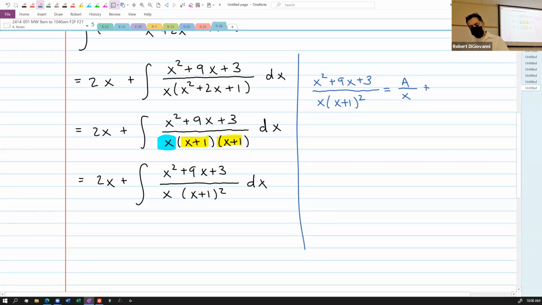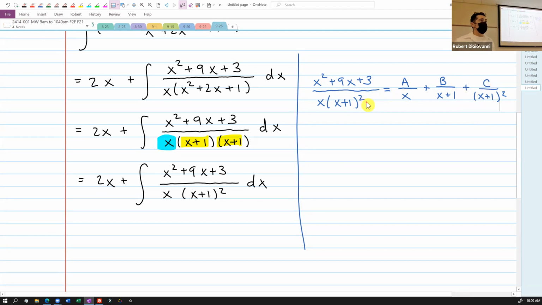And then how do we handle the repeated one? Bx, well, it actually does turn out to be that, but the way it's normally taught is that you put a letter over the linear factor, and then plus another letter over the linear factor squared. So b over the linear factor, then c over the linear factor squared.